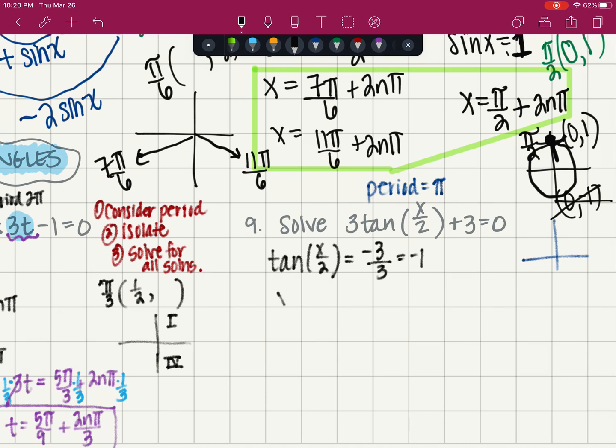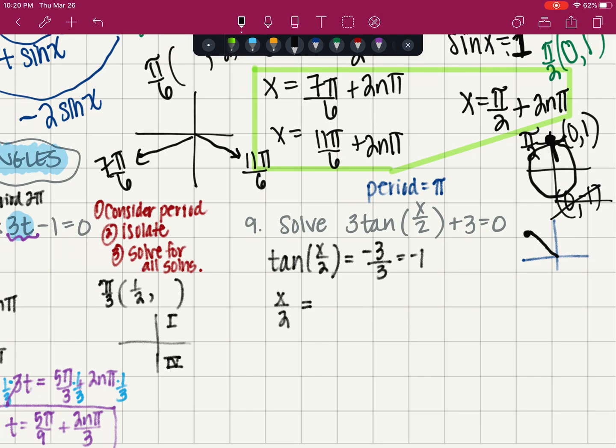And where is the angle that gives us a ratio of negative 1 for tangent? Well, tangent is going to have a ratio of 1 whenever x and y are the same value. And it's going to be negative in quadrant 2.